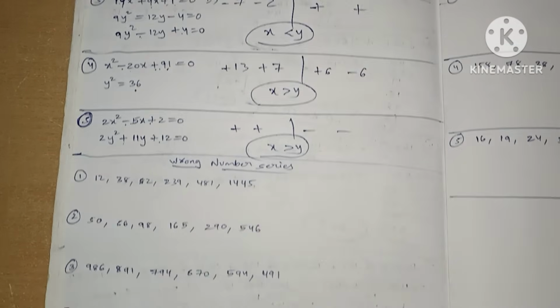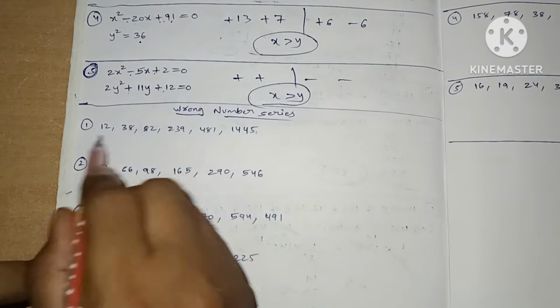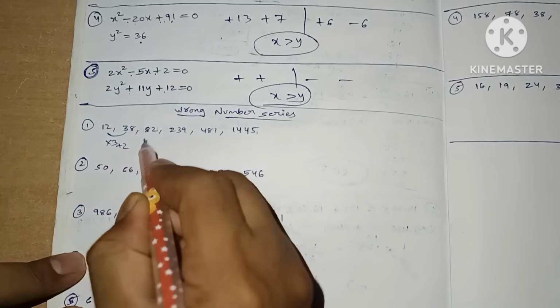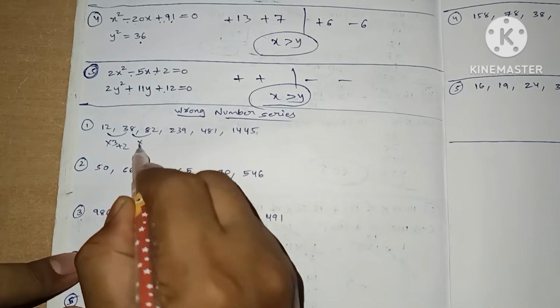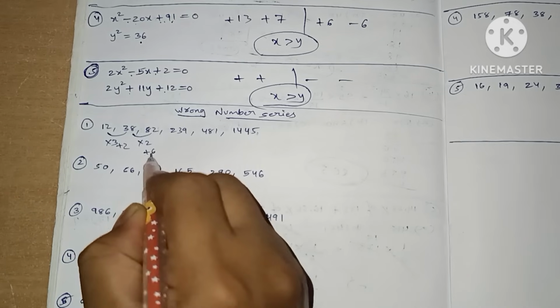Now we are going to see wrong number series. First question, it looks like into 3 times plus 2. Here it looks like into 2 times, which is 76 plus 6.